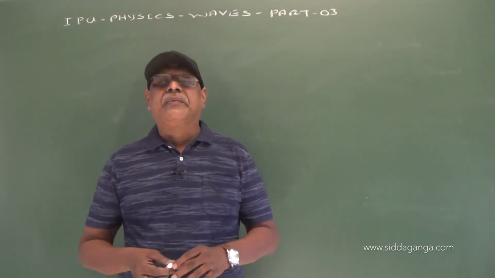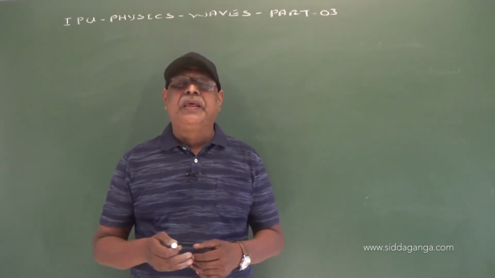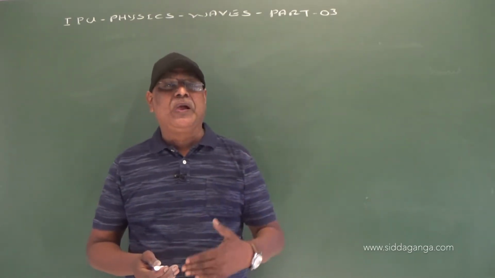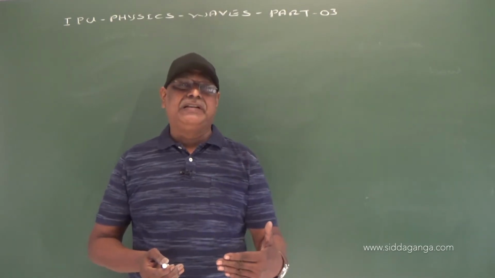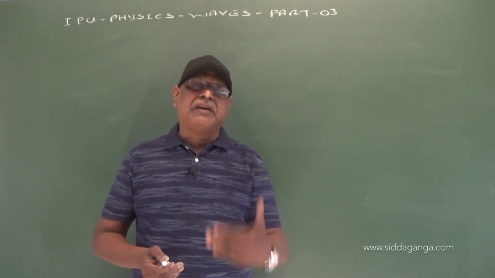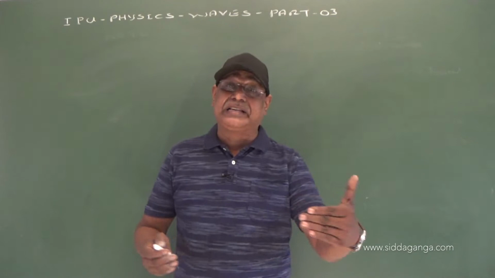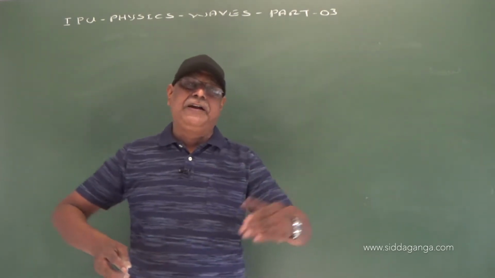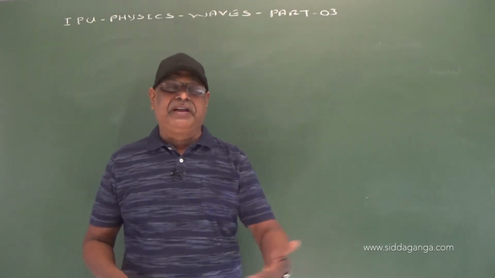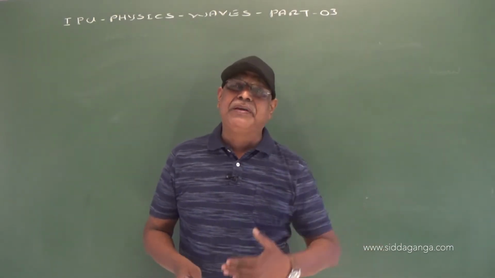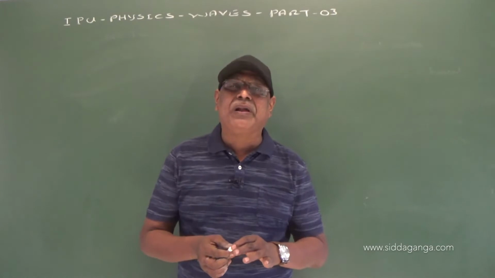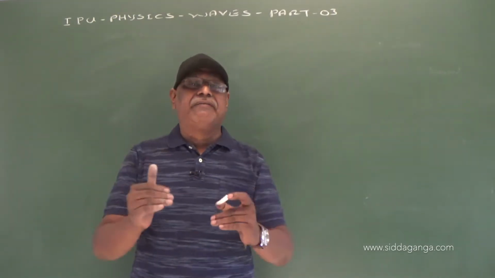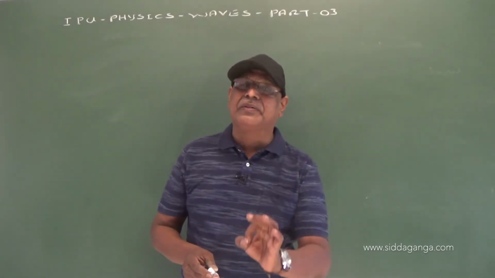Now, here waves can be understood in terms of some basic terms like amplitude, period, frequency, wavelength, wave velocity, phase, etc. Right? So let us define. We have already defined amplitude, frequency, time period for a simple harmonic motion, right? But now we will define some terms regarding the wave.